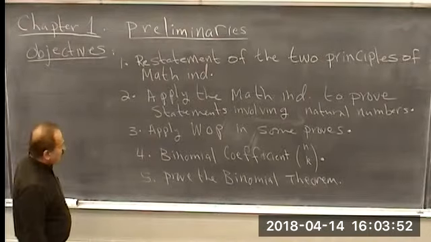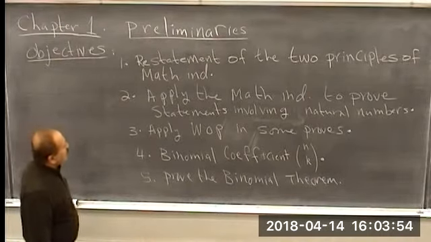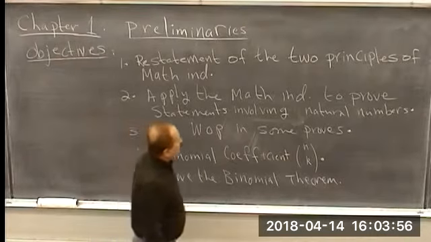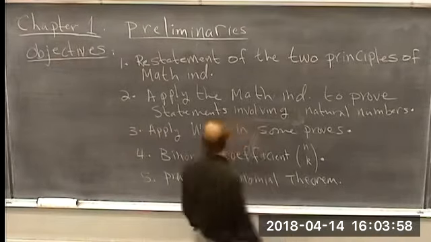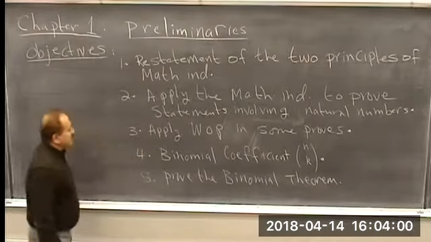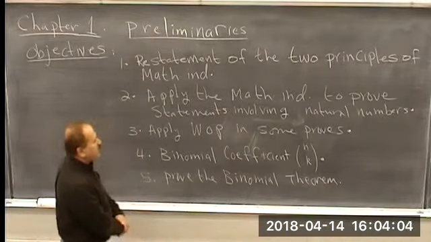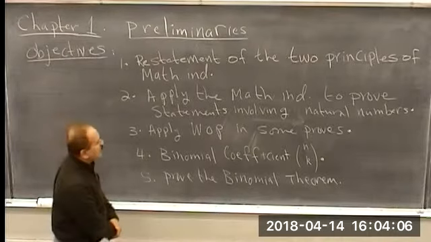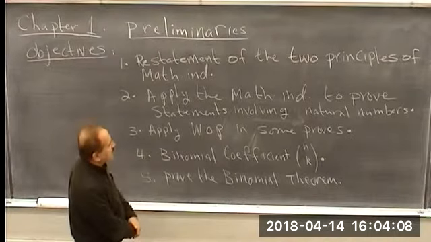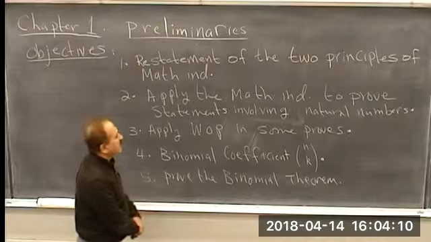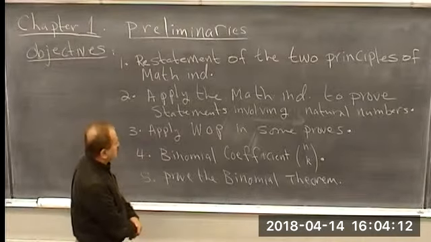Okay? Then we're going to look at a few applications of math induction to prove statements involving natural numbers. And these are going to be in the form of proving identities involving natural numbers or inequalities or other types of statements.